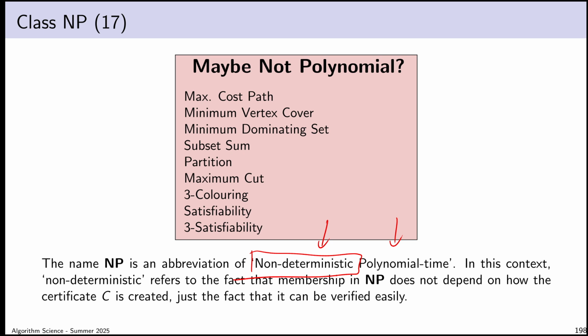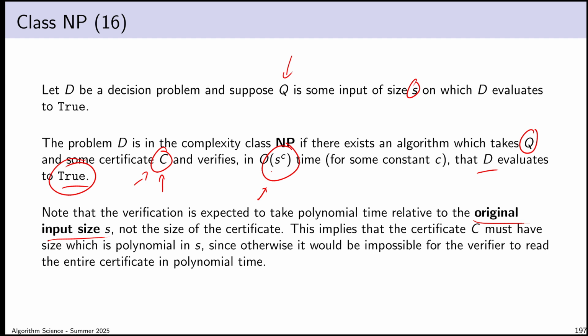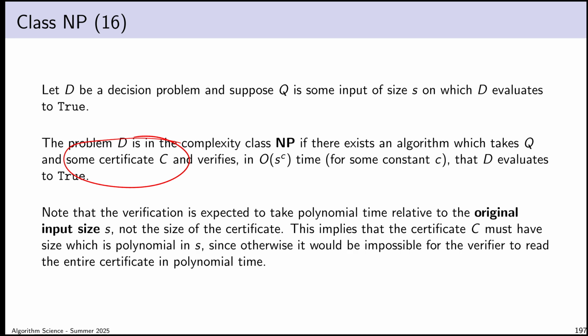The best that I can do is say that the word non-deterministic relates to the idea that to be in NP, a problem just has to have some way of verifying a certificate in polynomial time. Notice that the definition doesn't explain where the certificate comes from. You don't need to be able to actually compute the certificate in polynomial time, just verify it.